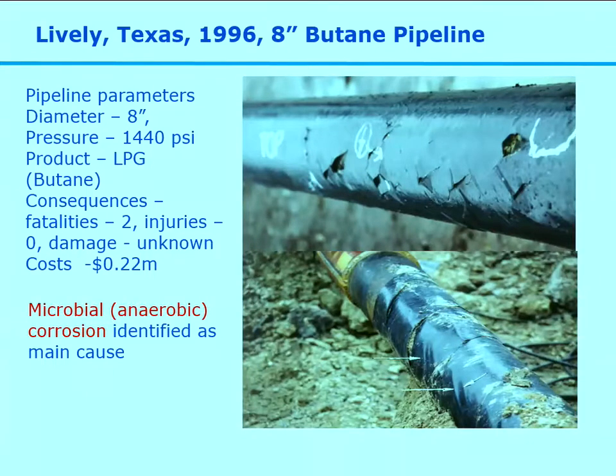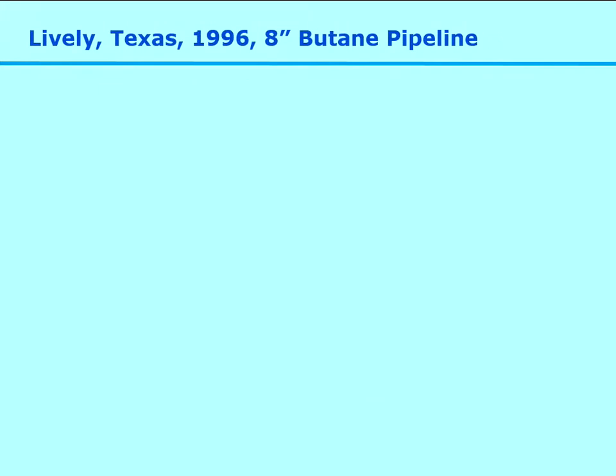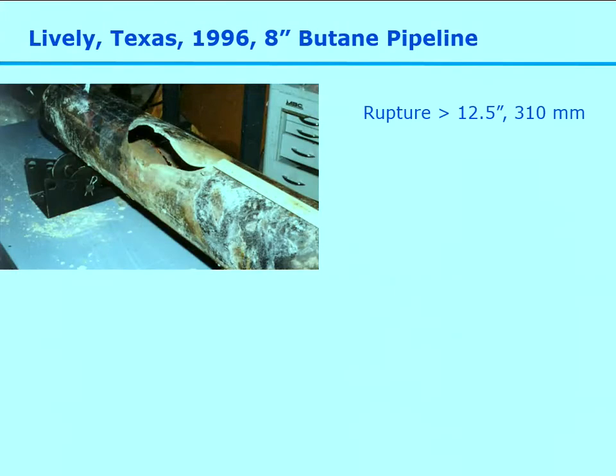Again, it occurred as a rupture, and what happened here was there was a series of corrosion pits under the coating which were following the wrapping of the coating, so they were all in nice neat little lines which could very easily join up once they got to a certain size.